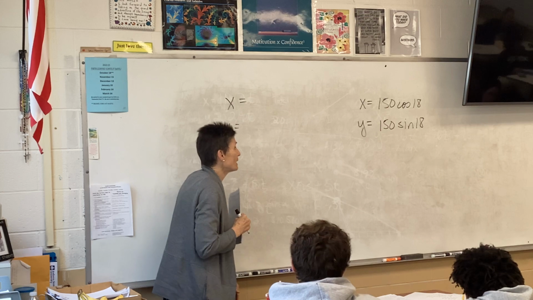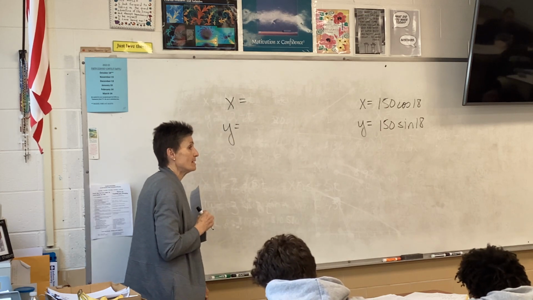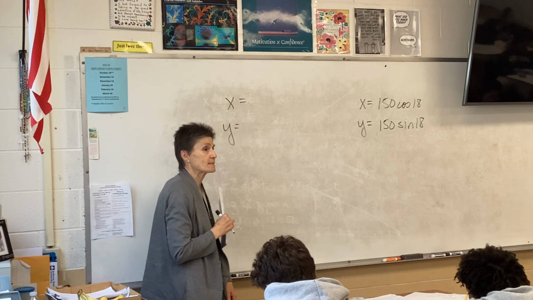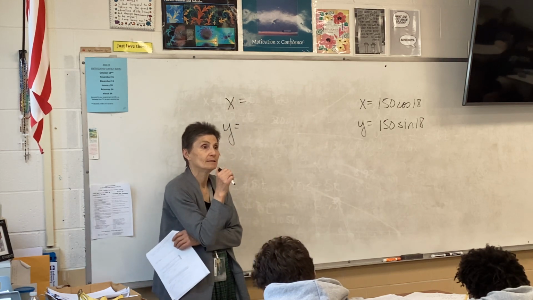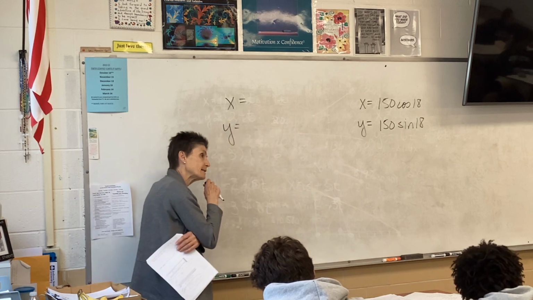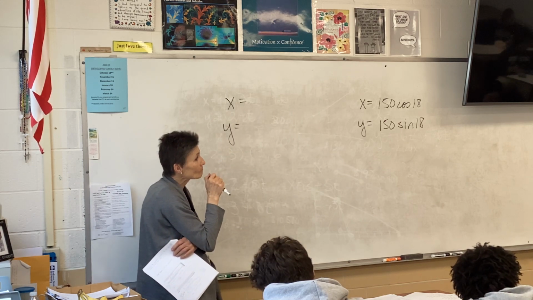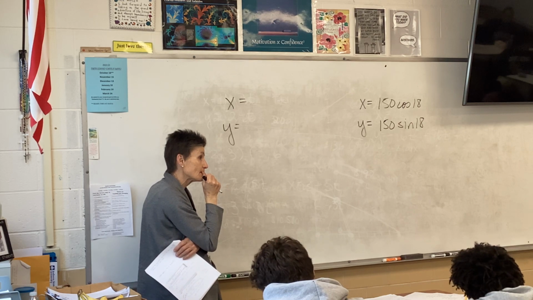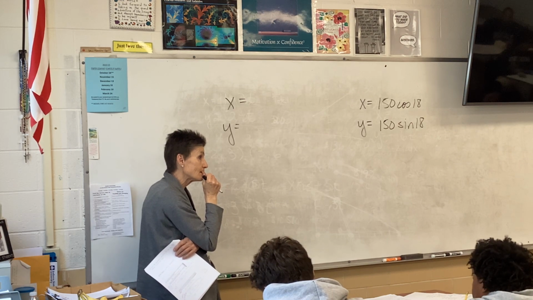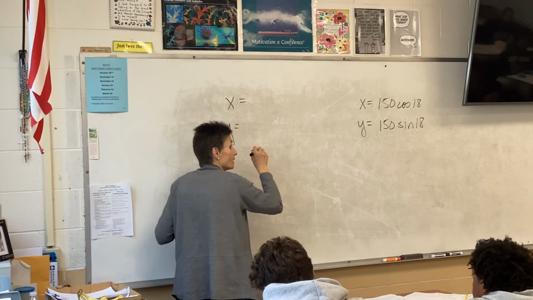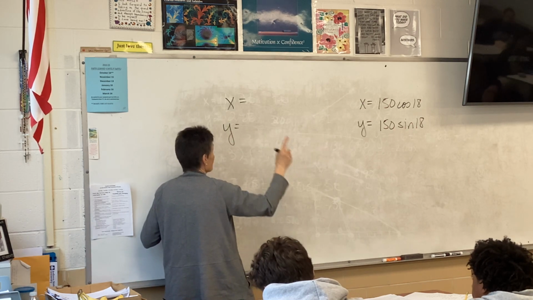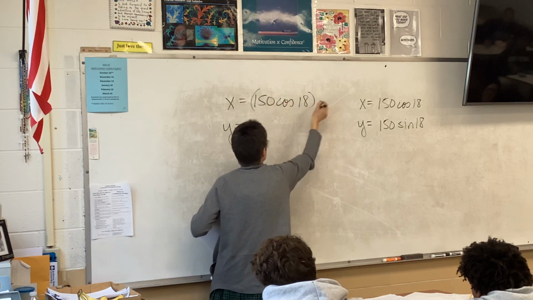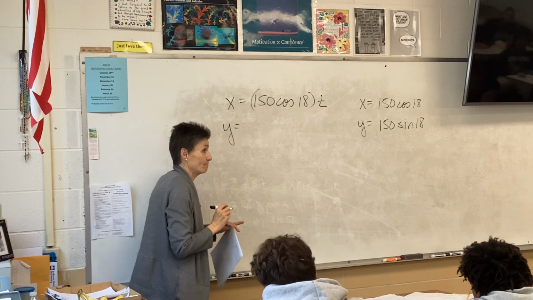All right, how can I use that in my parametric equations? Anybody have an idea how those could be used? Sydney? I guess you can set it equal to whatever your y is going to be on that side and your x on that side. Okay, you're exactly right. For this one, 150 cosine 18 t. That is x.